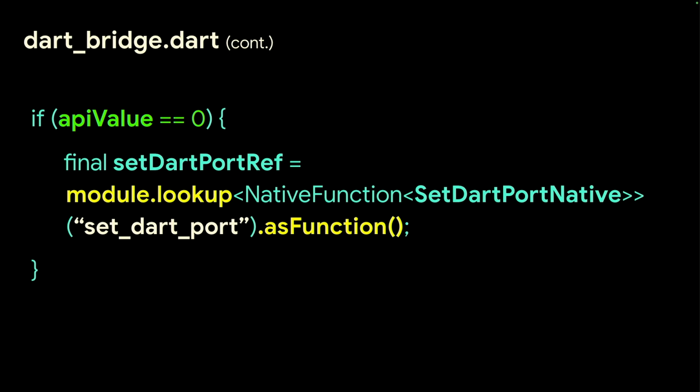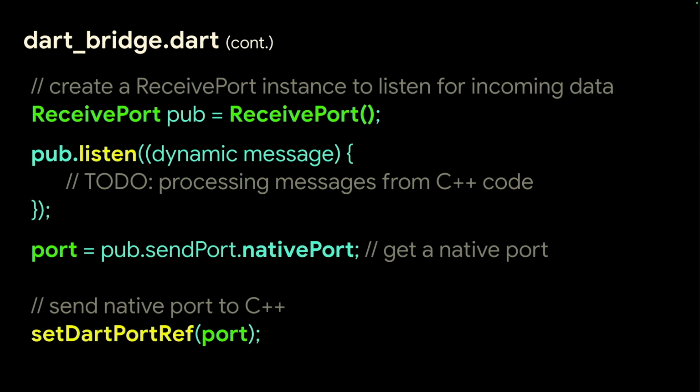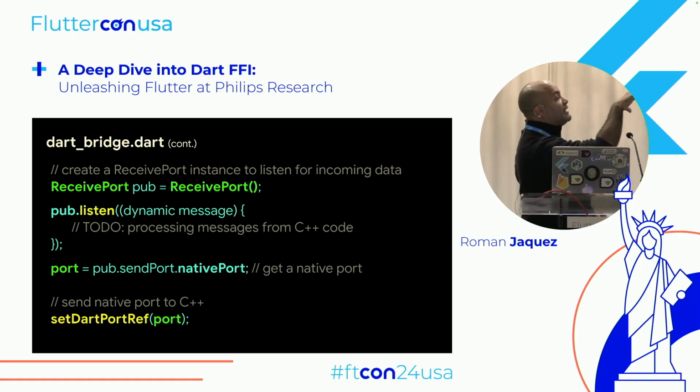Let's say now I'm going to find that method called setDartPort. I'm going to send it the value of the native port that I wanted, so that I can send information back up to Dart. And this is the key portion that I was mentioning earlier. You create a receive port, you instantiate a receive port. Then you hook up a callback to the listen method of the receive port.